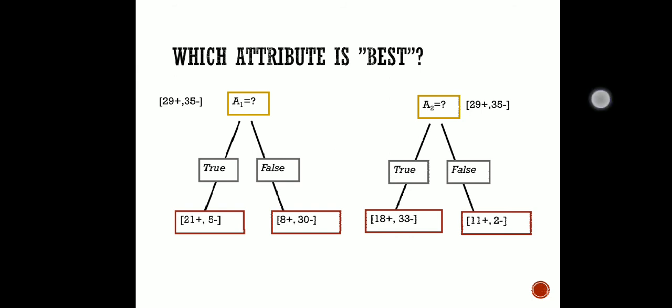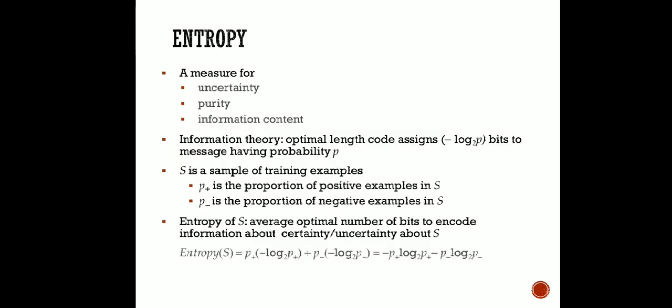So if we have to calculate the entropy of A1, just see that the entropy of a particular node is the proportion, or the probability, of having positive values, minus log base 2 of that probability, plus the probability of negative, minus log base 2 of that probability of the negative one.